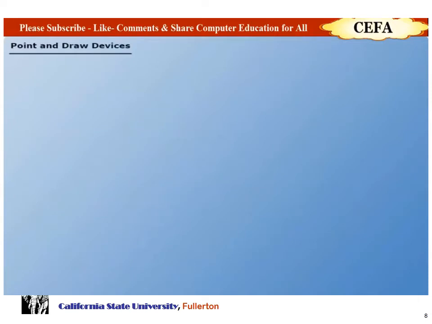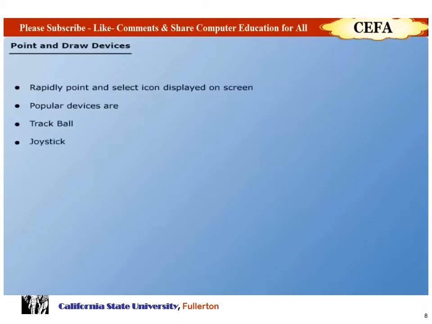Point and draw devices. A point and draw device is an input device which helps to rapidly point and select an icon to display on the screen. Some popular input devices are trackball, joystick, mouse, light pen, touch screen and digitizer.